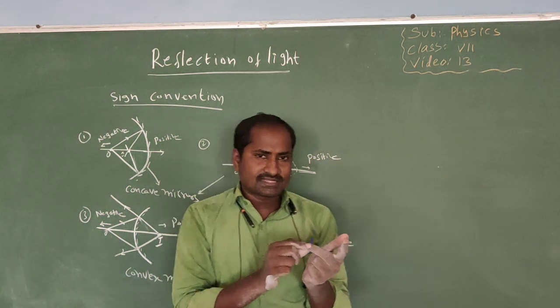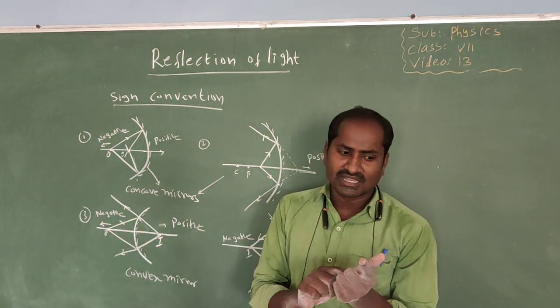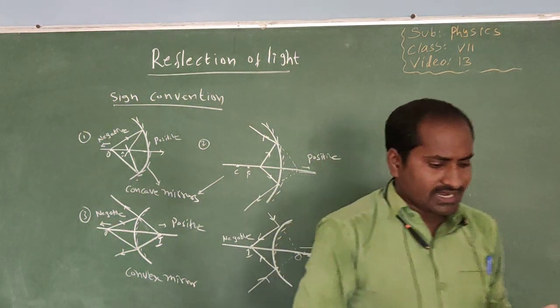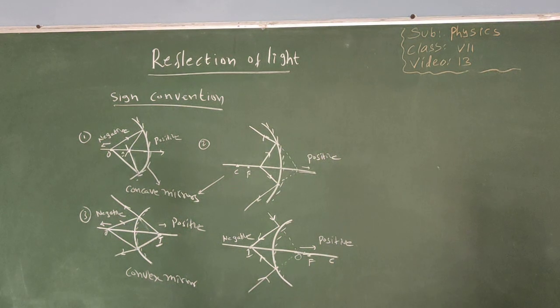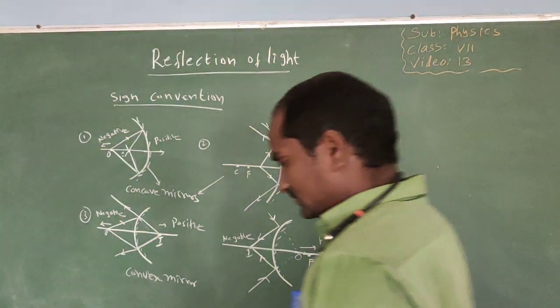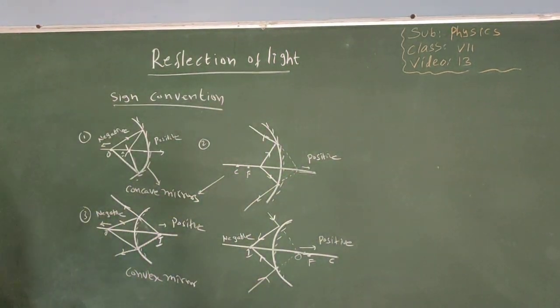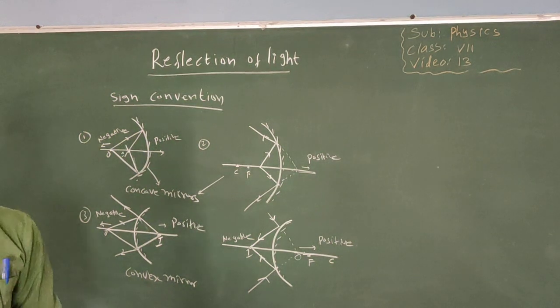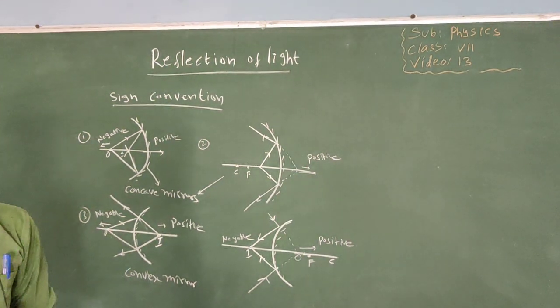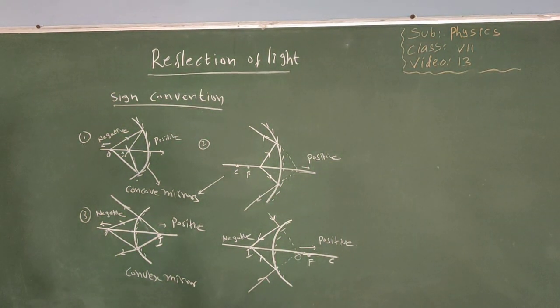Below the principal axis, distance is negative.